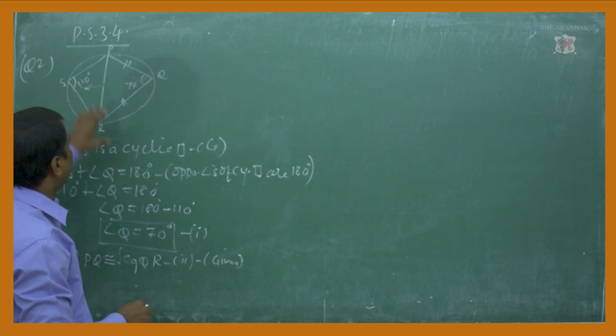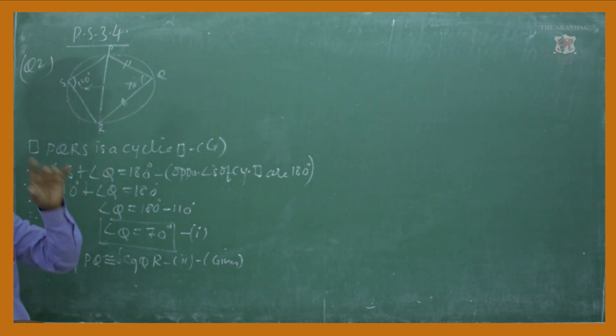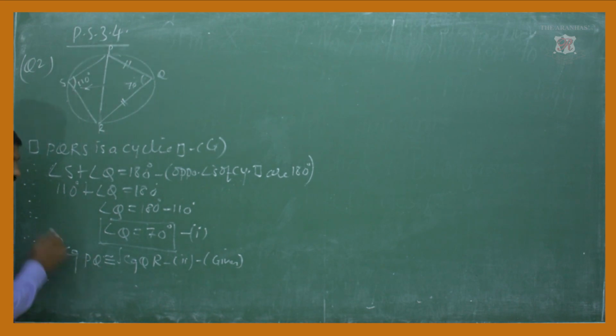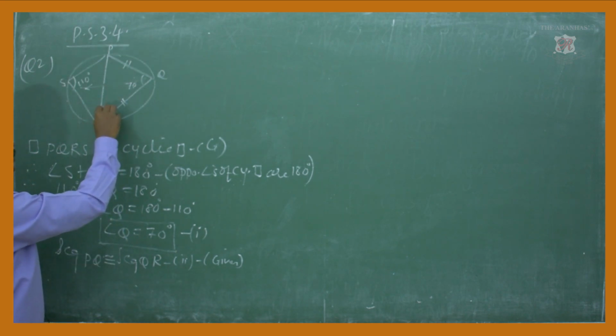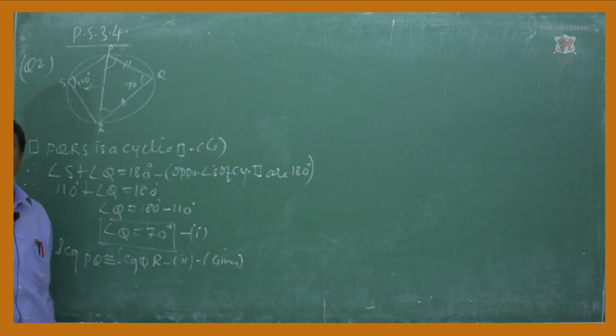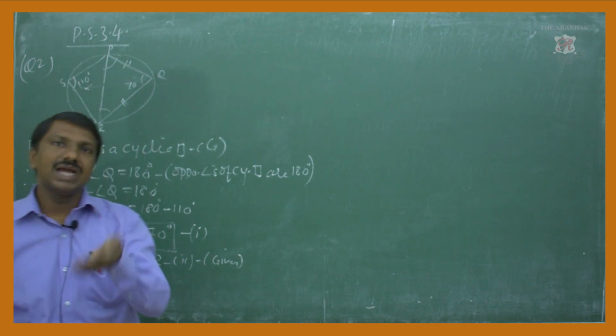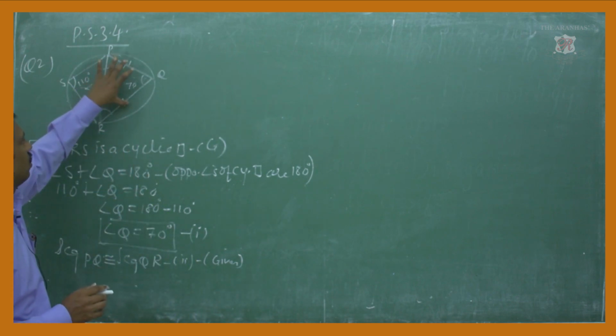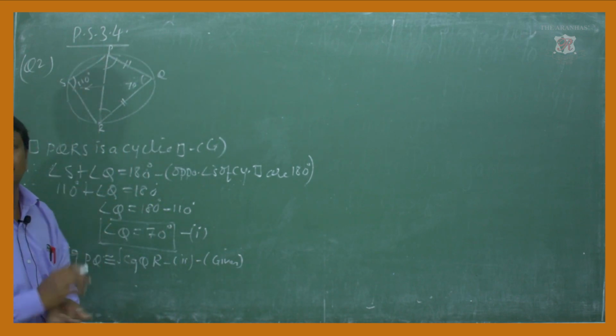Then we have to find the remaining values also. Using this given concept, we will find their opposite angles. That was last year's theorem, the isosceles triangle theorem: if two sides are congruent, their opposite angles also will be congruent.